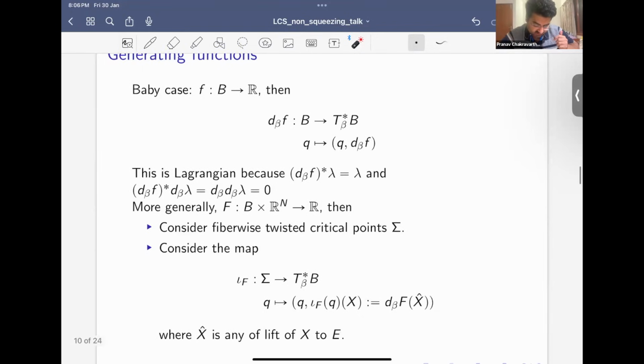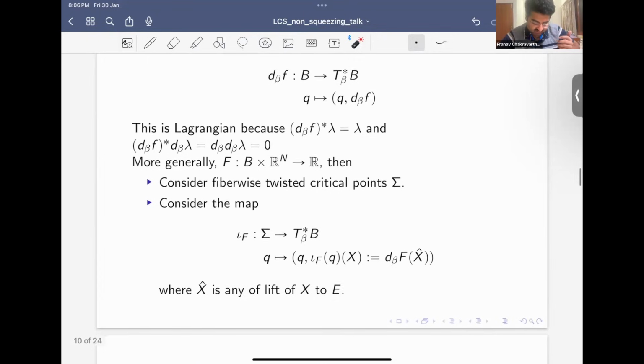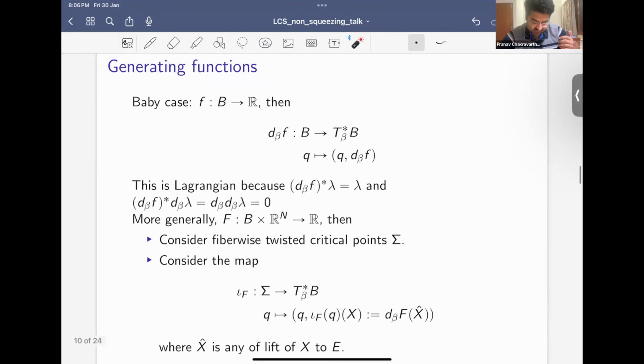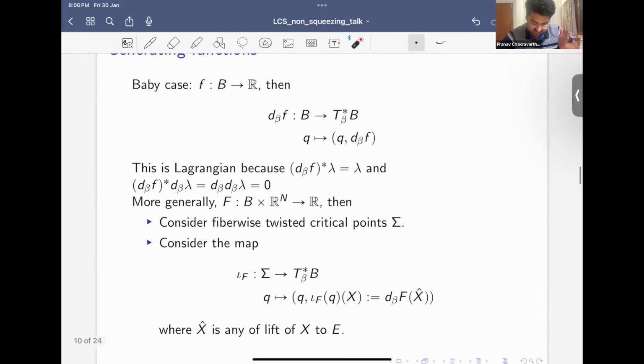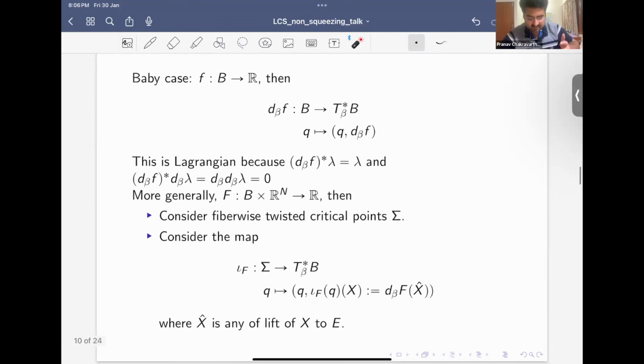And so the more general case is, of course, you can define a notion of generating function just as before for any function on a vector bundle over B. Given that, you can look at the fiber-wise twisted critical points, and if all intersections are transverse, the fiber-wise twisted critical points will be a submanifold of the vector bundle of the correct dimension.